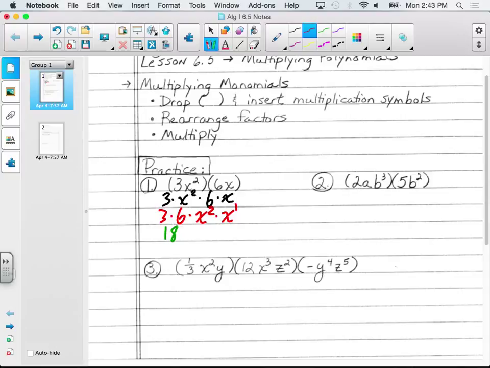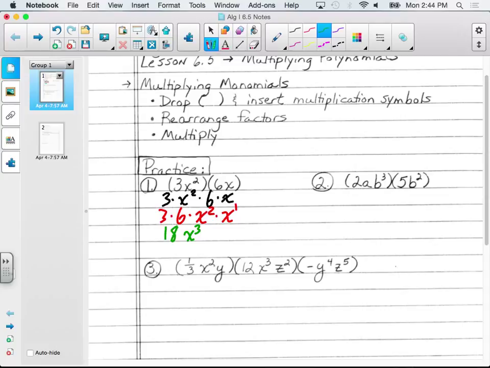So why can we add our exponents together here? Why did Russell think that we could add our exponents together? They have the same variables.